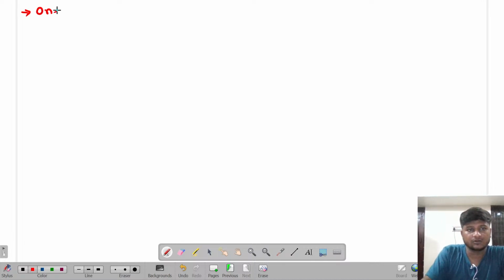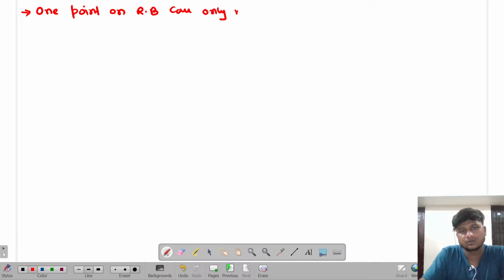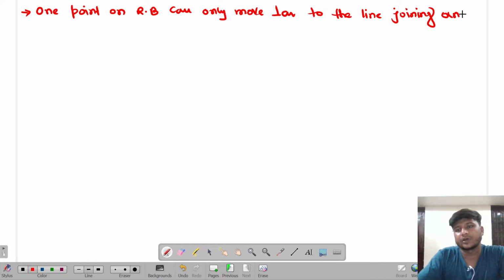This means that one point on a rigid body can only move perpendicular to the line joining it to another point on the rigid body.